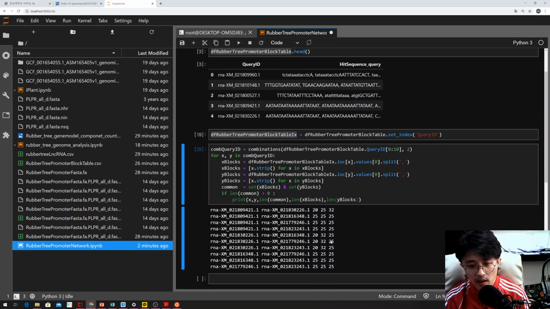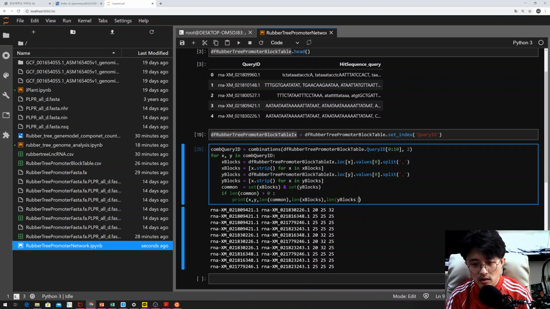Then you can determine how much they are sharing. In this case, everything is shared. In this case, not everything is shared. Maybe you can put some kind of percentage, right? Percentage of query.